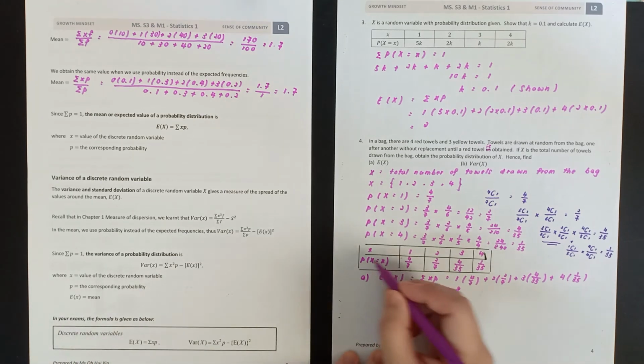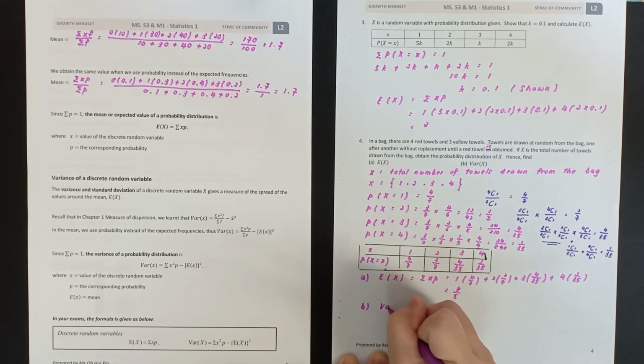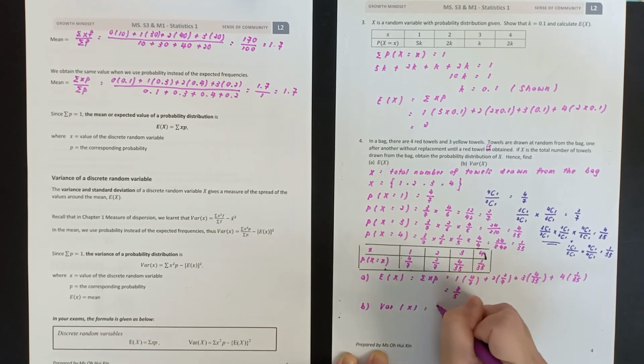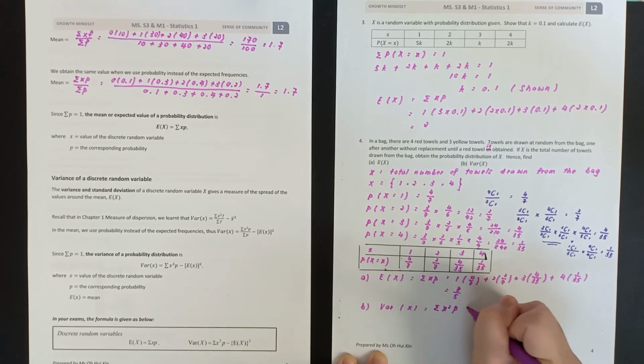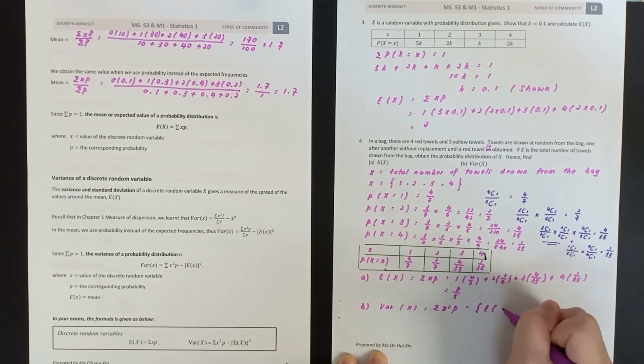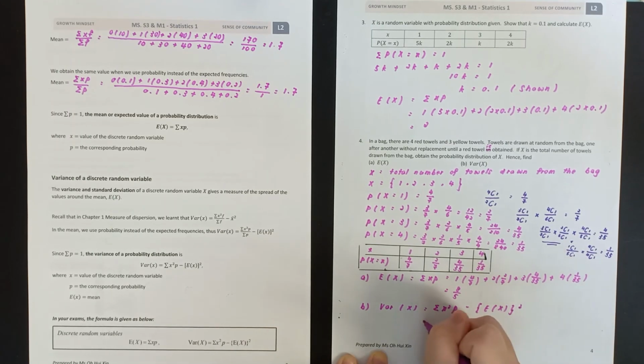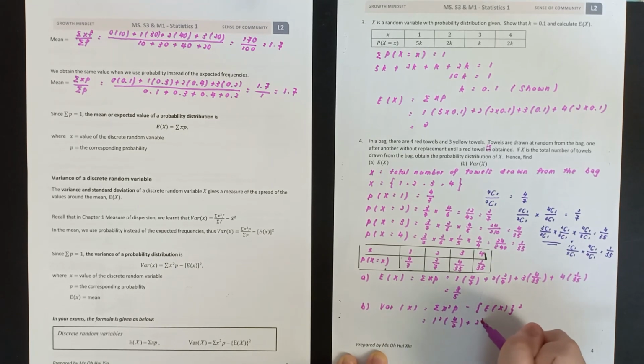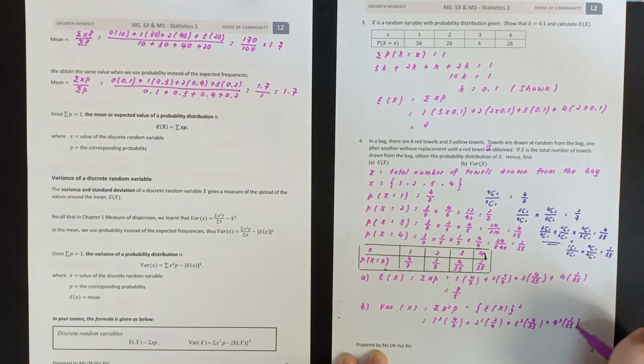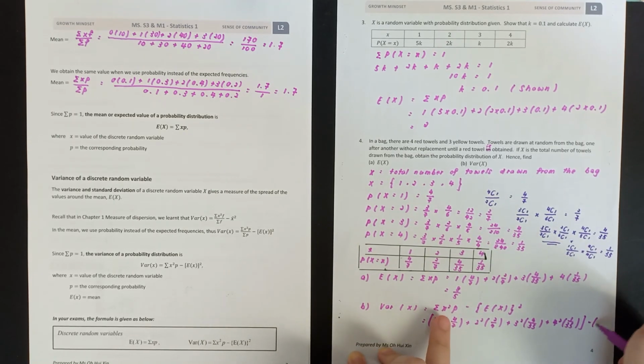Okay, so for B, you want to find the variance of X. Same thing, formula: the sum of x squared times p minus the mean squared. So 1 squared times 4 over 7 plus 2 squared times 2 over 7 plus 3 squared times 4 over 35 plus 4 squared times 1 over 35, minus the mean squared.